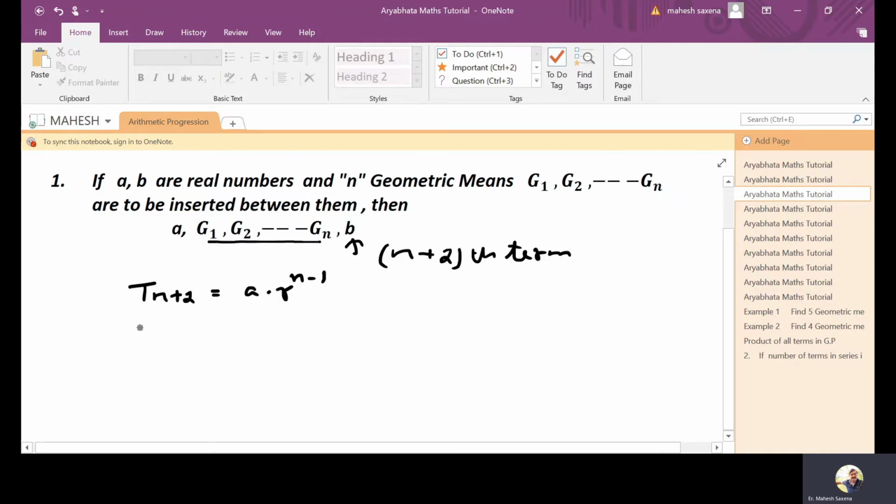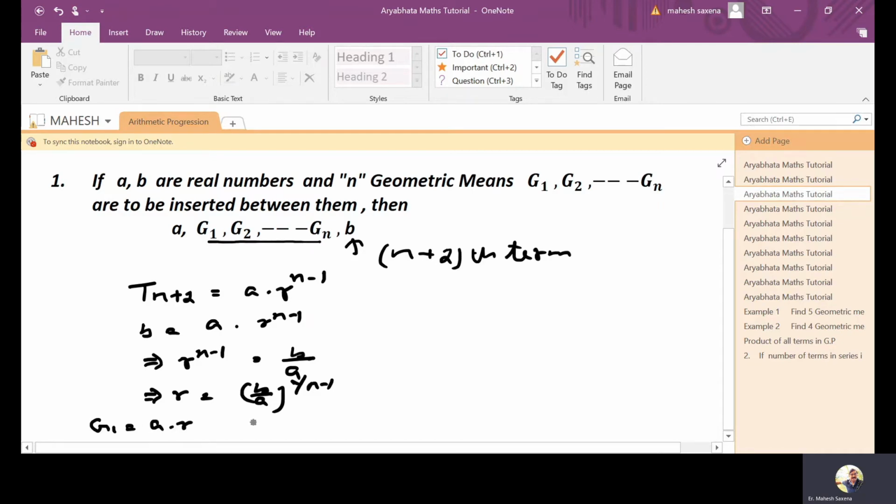That is, in this case, B is equal to A into r to the power n plus 1, implies that r to the power n plus 1 is equal to B upon A, and therefore r is equal to (B upon A) to the power 1 upon n plus 1. Therefore, we can find G1 is equal to A into r, G2 is equal to A into r square, G3 is equal to A r cubed, and so on.